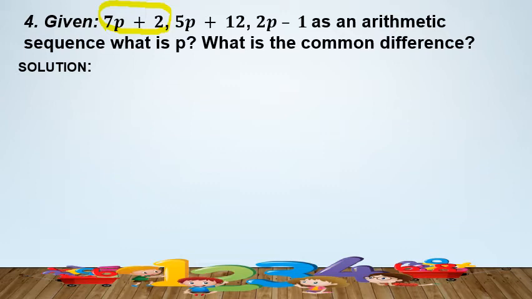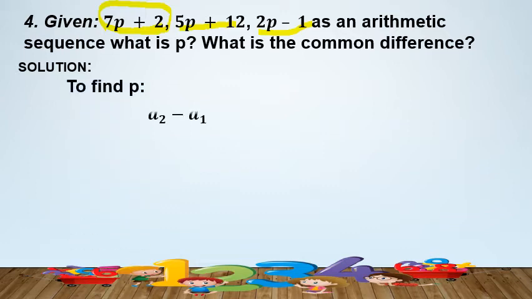So, sa mga ibinigay na terms, 7p plus 2 is the first term. Second term, 5p plus 12. Third term, 2p minus 1. So, isolve natin ang value ng p.